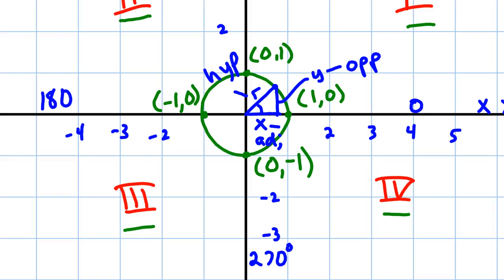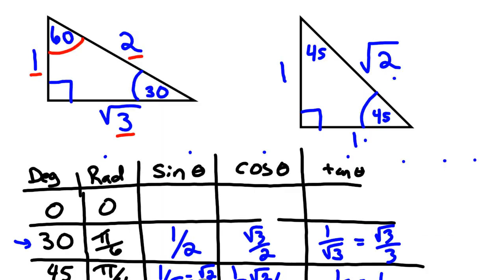And so we've got that angle to deal with. So, what is cosine of 0 degrees? Well, cosine of 0 degrees, if you remember, cosine is just x. So our x-coordinate is 1. So cosine of 0 degrees is 1. How about sine of 0 degrees?